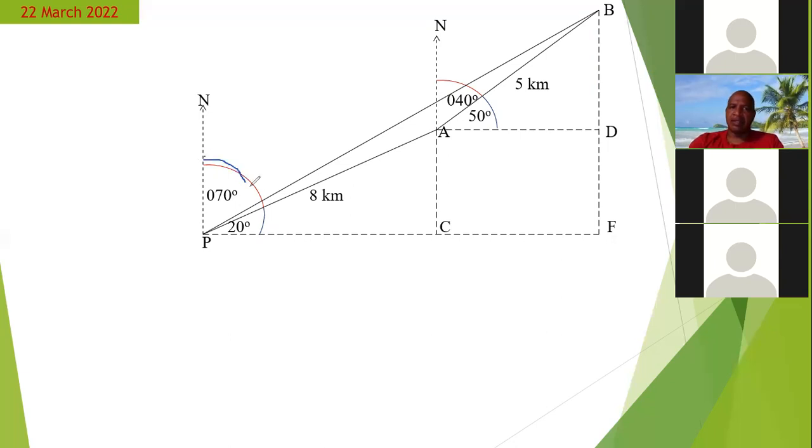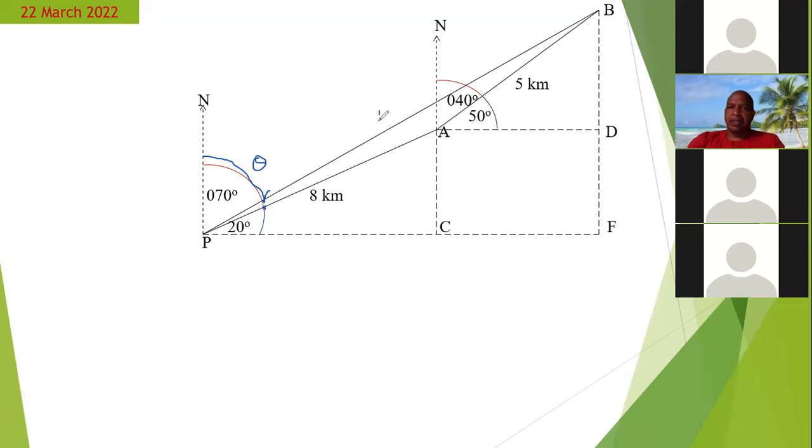So let's call that theta, which is the bearings, right? And remember, this is not 70 degrees. The 70 degrees comes all the way down here.